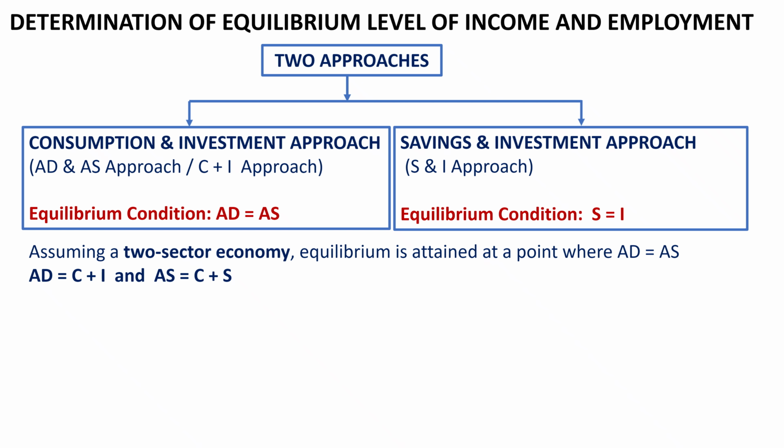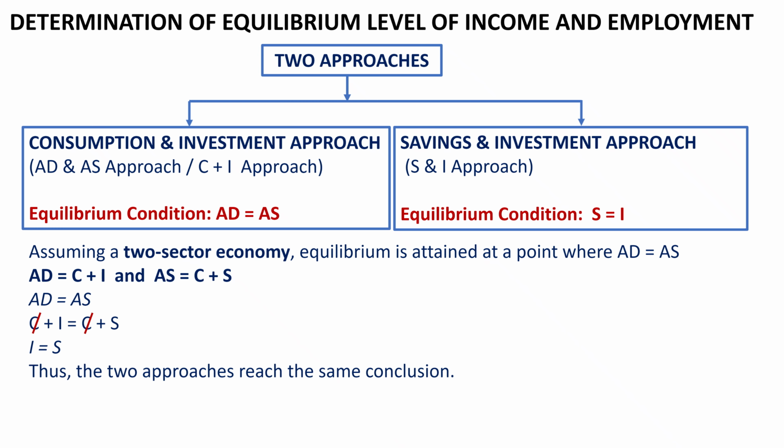That is, AD is equal to C plus I. And aggregate supply is nothing else but national income and is the sum of consumption and savings. That is, AS is equal to C plus S. And the equality between AD and AS automatically implies the equality between investment and savings. So both the approaches reach the same conclusion.